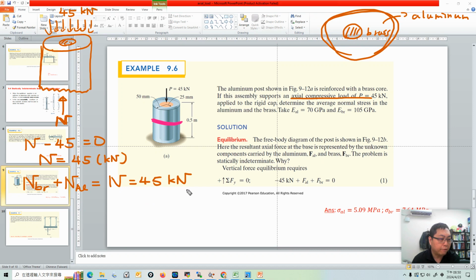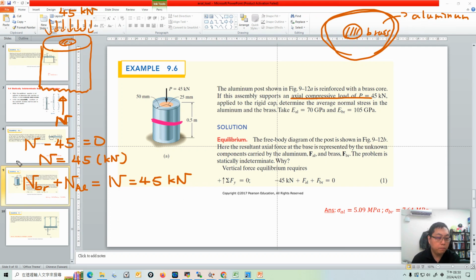After using the rigid body equilibrium, we have this equation, but we have two unknowns, so it's not solvable. So it is statically indeterminate, which means you need to find more equations to solve the problem.